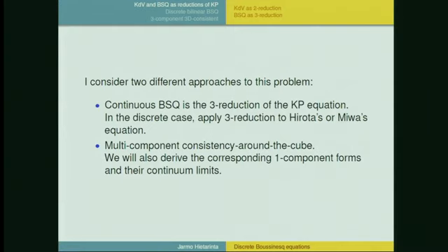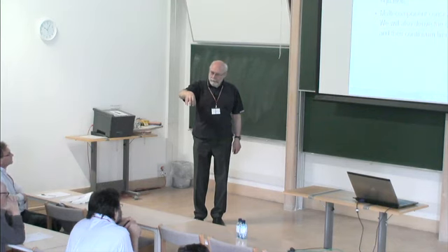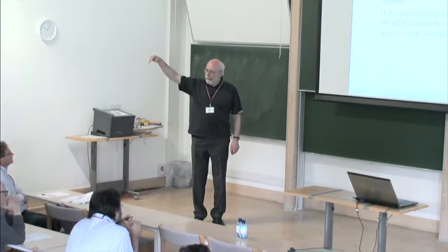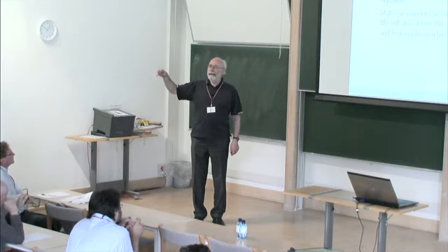Now I will approach this problem from two points of view. One is the top-down approach. Namely, in the continuous case, we have this higher level KP equation, and by reduction we get the KdV, and by another reduction we get Boussinesq. Now in this higher level we do the discretization, and then we do the projection from this higher discrete level.